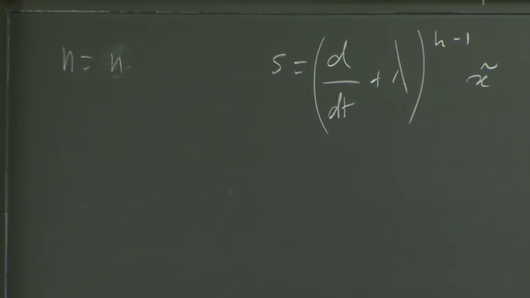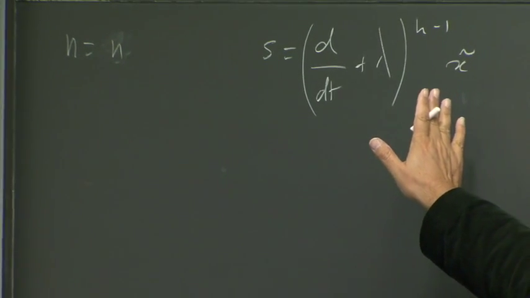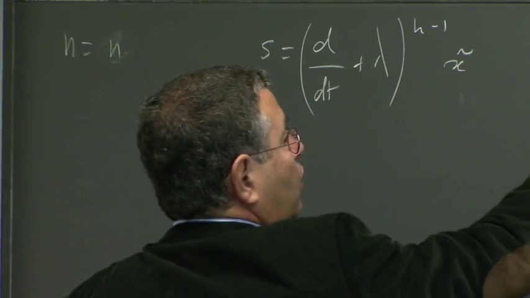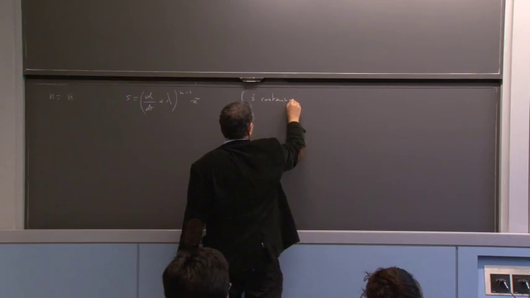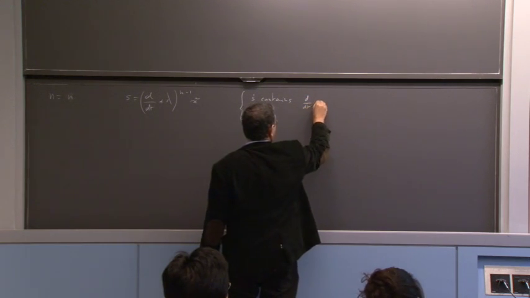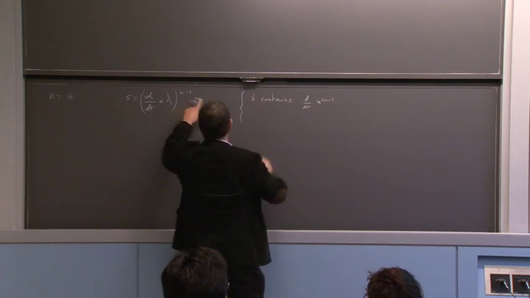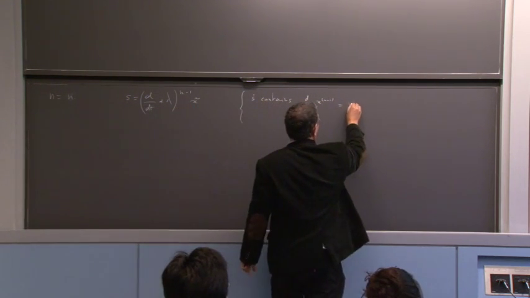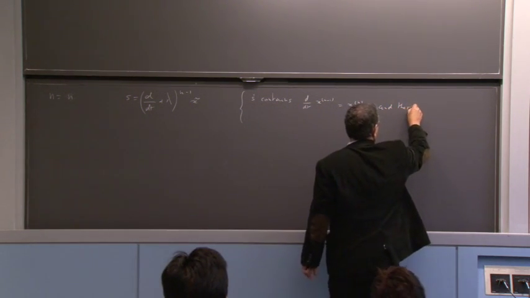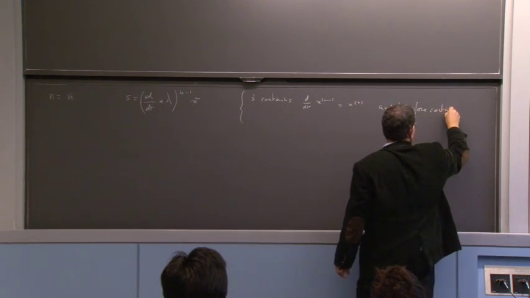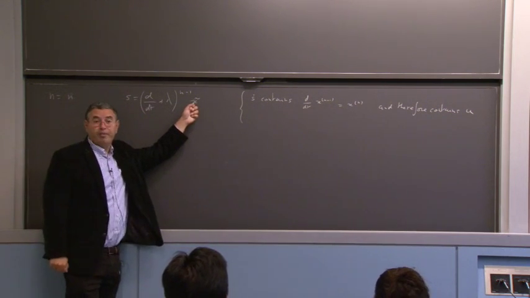So you see for an nth order system, this reasoning will be exactly the same. Namely, S dot contains d over dt of x to the n-1, because S contains x tilde to the n-1, so S dot contains x to the n. And therefore this contains u. This contains the derivative of x of order n-1.